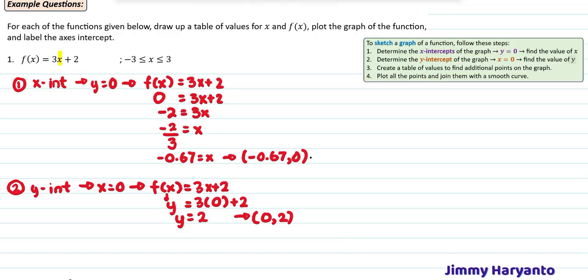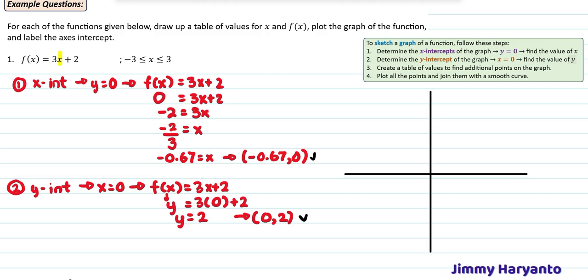We only need 2 points like this, and then you can just draw the straight line. So this one is y, this one is x. Let's say 1 is right here, 2, 3, and then negative 1, negative 2, and negative 3. And then this one is 1, that one is 2, this one is negative 1, this one is negative 2.